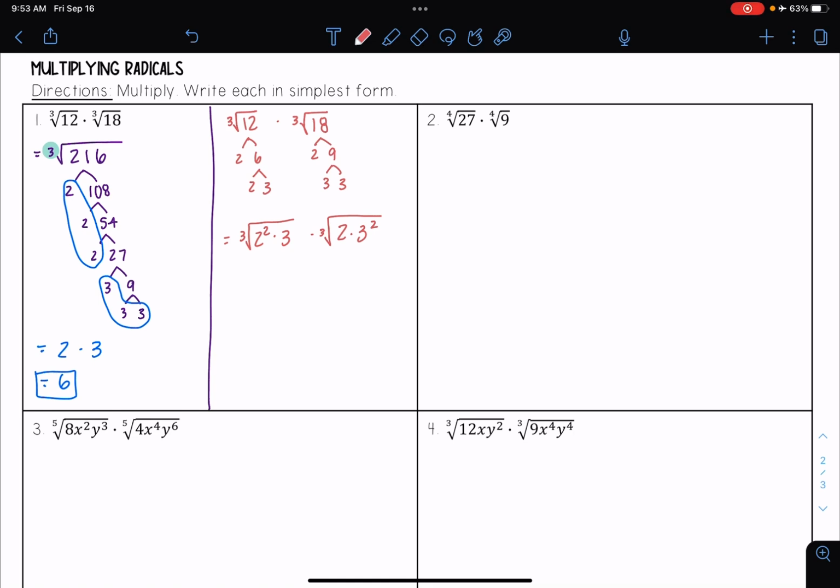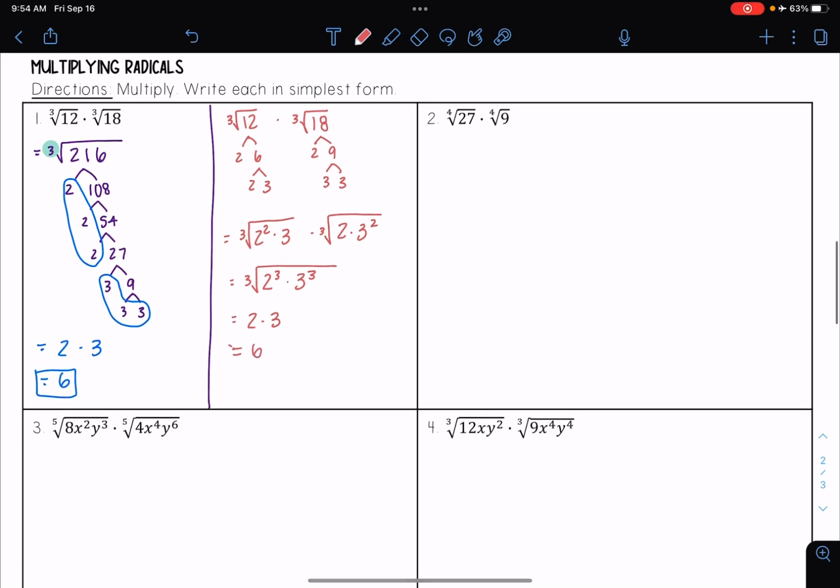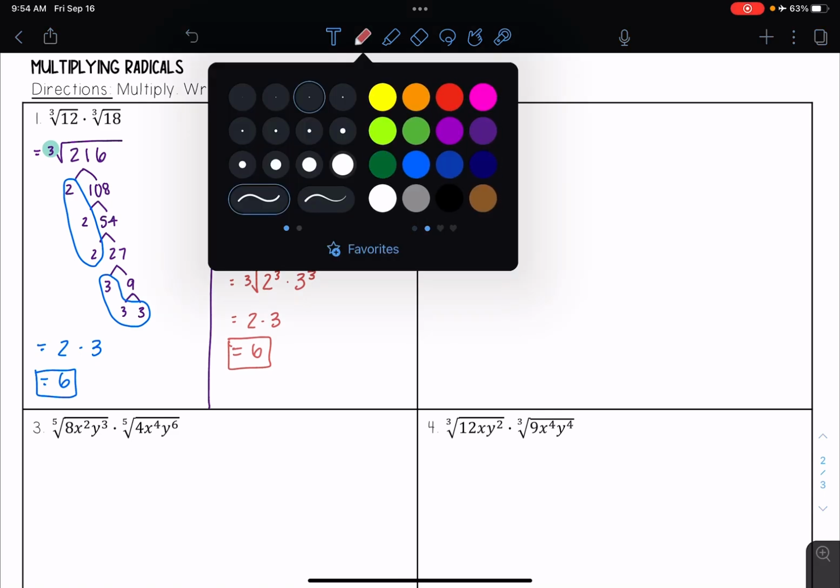Then I can combine them, and I get the cubed root of 2 squared times 2, which gets me 2 cubed, and 3 times 3 squared gets me 3 cubed, which becomes 2 times 3, which is equal to 6. So either way works, whatever works better for your brain.